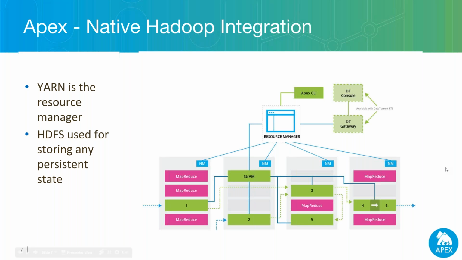Here 1, 2, 3, 4, 5, 6 are the operators deployed on the containers, and one rectangle represents the STRAM, the streaming application master. The job of the STRAM is monitoring these operator containers. If any of the containers goes down, it will redeploy it into a different container.